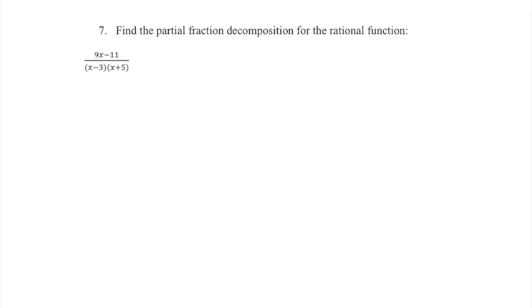Question 7 is from section 6.7, finding the partial fraction decomposition. There were a few different instances of partial fraction decomposition depending on the factors of the denominator, whether they were repeated or whether they were linear. These are both linear, non-repeating.